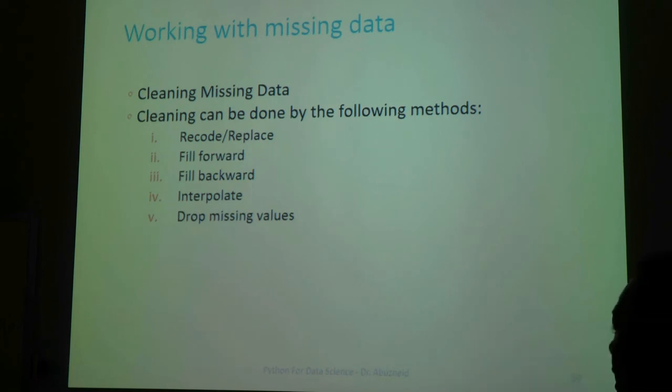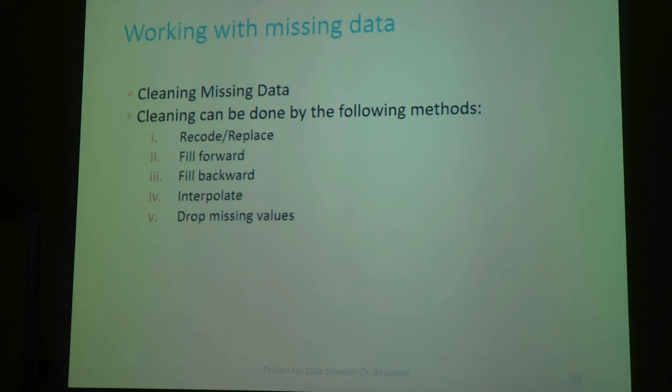Then you have interpolate, where you need to have the same space. For example, the previous number is 2, the next number is 4. You need the same space on both sides, so it has to be 3. We'll see an example in a second. And the last one, drop the missing values. If there is a line, a series that has missing values, just drop it as a whole.